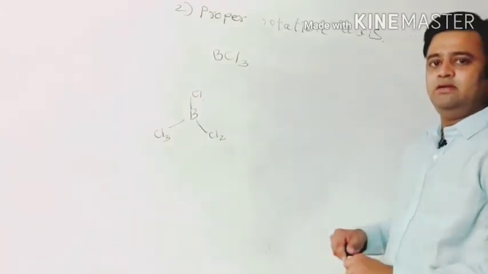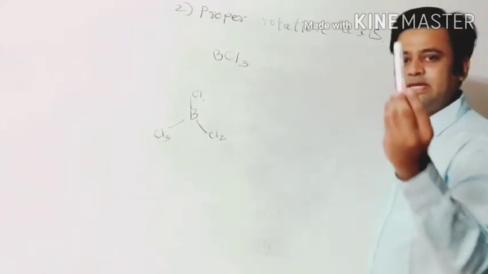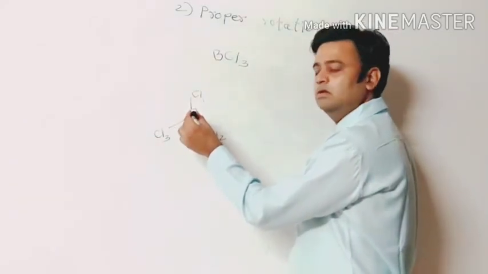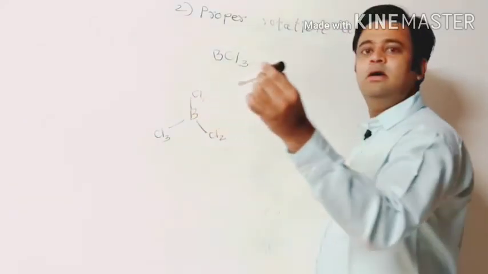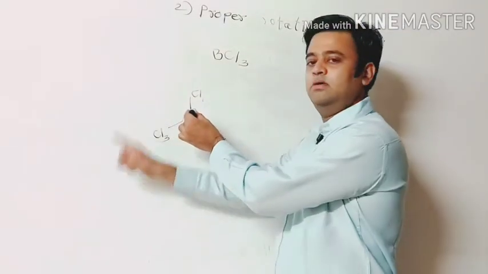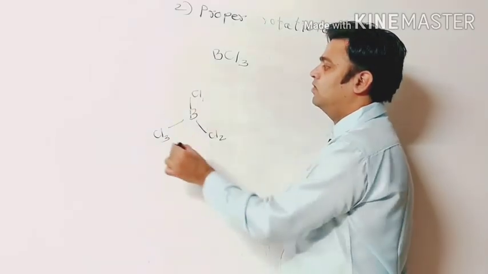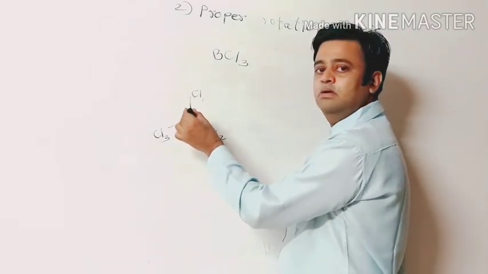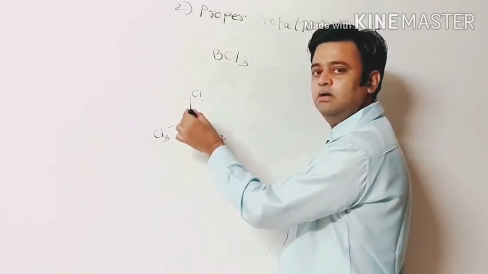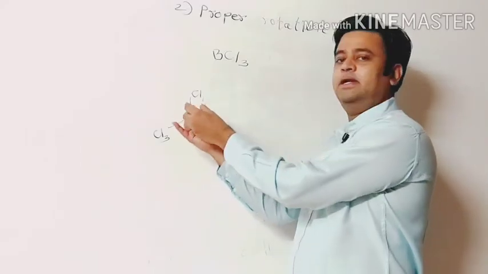Let's take one line. Suppose this is the pen. It is the axis of rotation. Put over the boron, means our line is perpendicular to the whole plane of the molecule. And now rotate it.